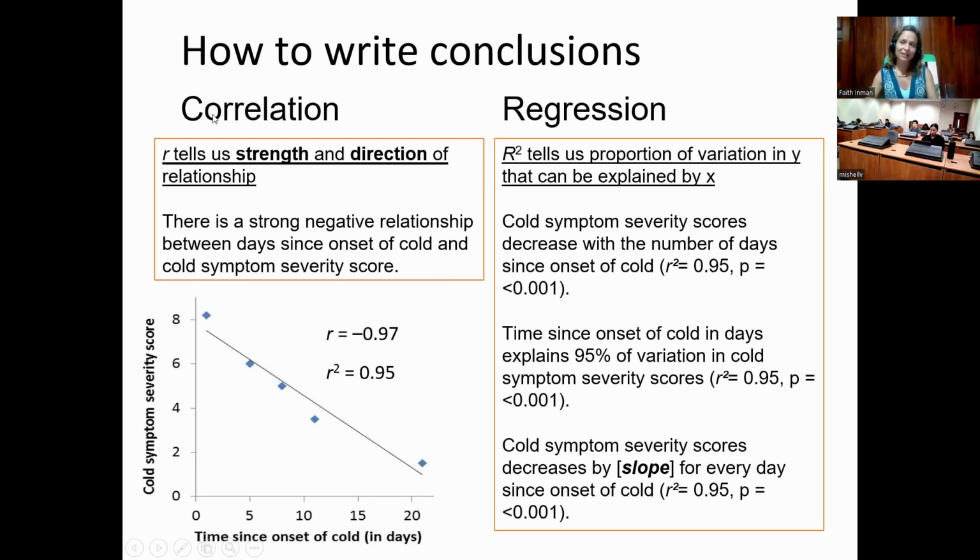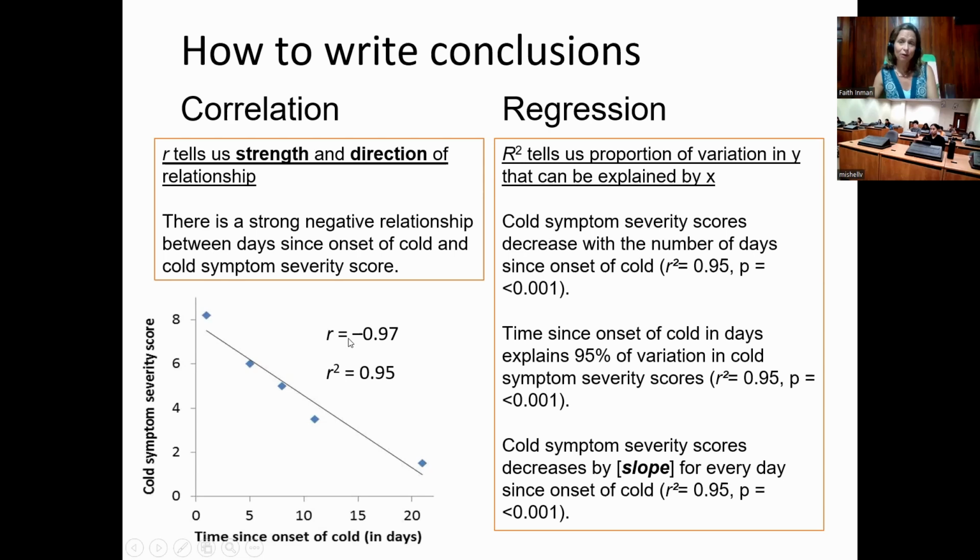So for correlation, again, remember that R tells us strength and direction of the relationship. So if we had this graph here, time since onset of cold in days, and cold symptom severity score. Now, again, if we're only doing a correlation, we won't have this line, but we would have an R value. We would have the correlation coefficient.